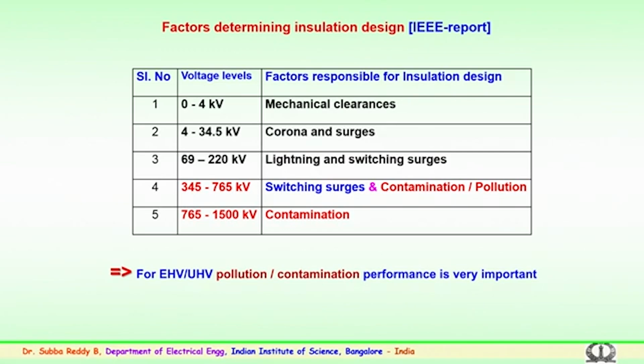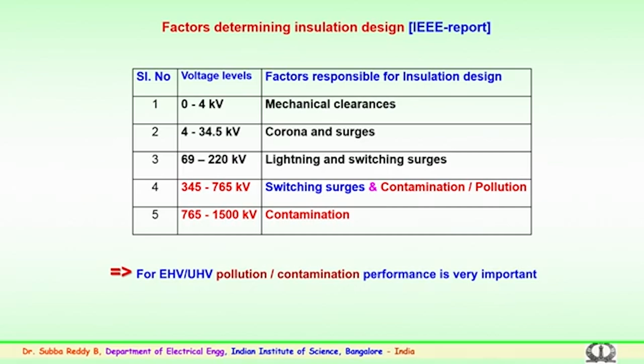Above 4 kV up to 33 kV or 34.5 kV, corona and lightning surges play a role in the design of line insulation. Corona discharges can create insulation breakdown, particularly at those voltage levels, and may be generated by the transmission conductors, the hardware and the insulating accessories. Lightning surges may also dominate at this voltage.